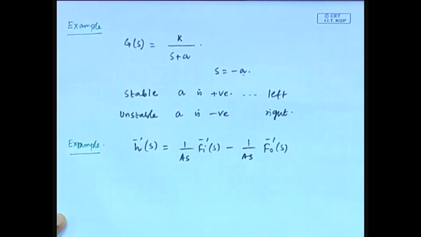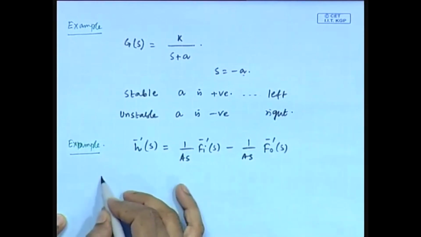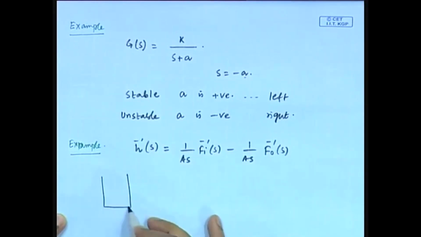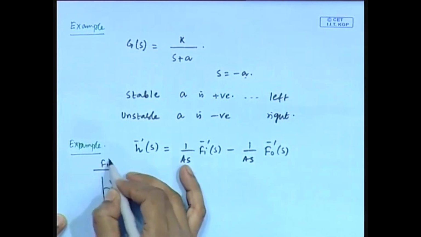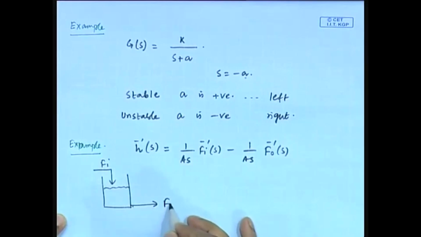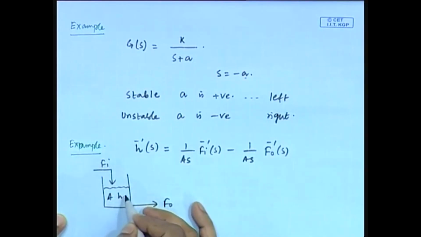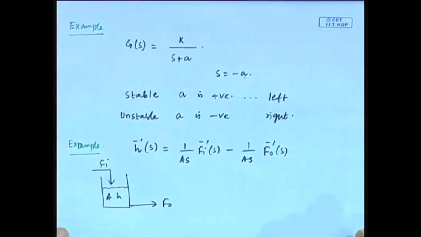And this model we got considering this system with F_i and F_o. A is the cross-sectional area and h is the height.